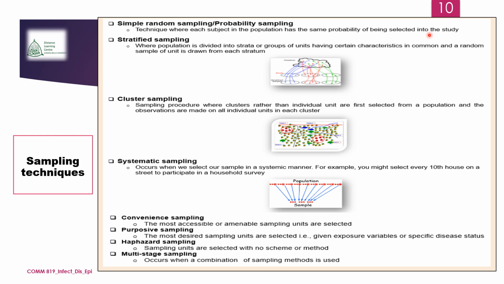Sometimes when you ask people how they sampled their subjects, they will say they randomized. How? And they will just stop there. So there are ways to randomize your population in order to come up with simple random sampling.